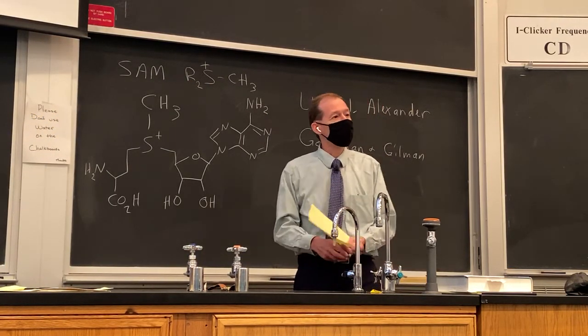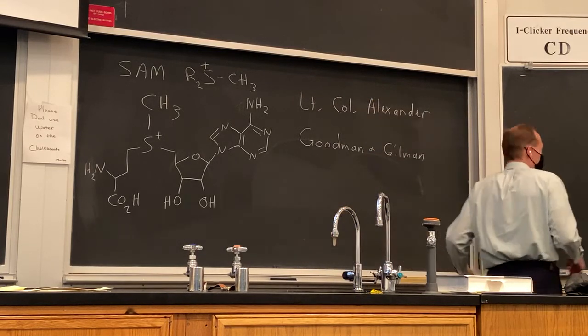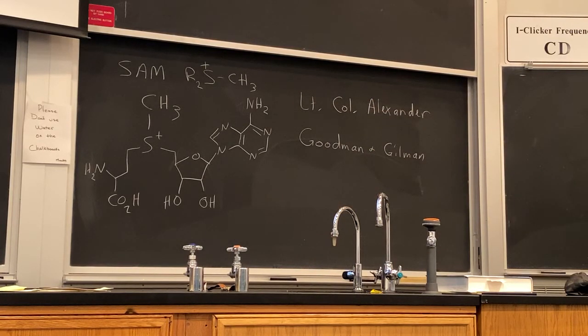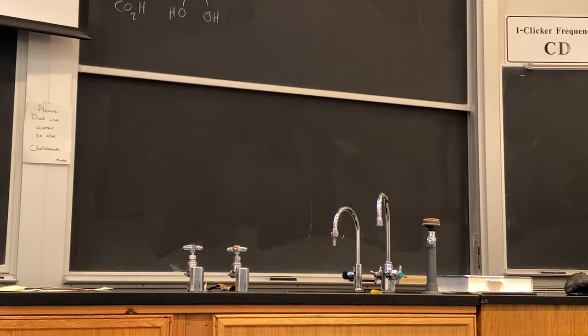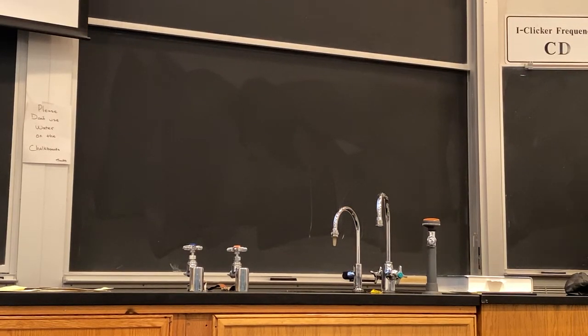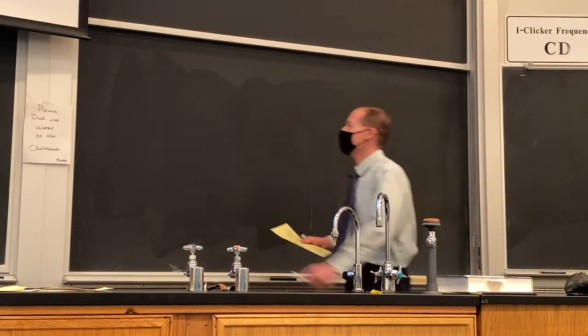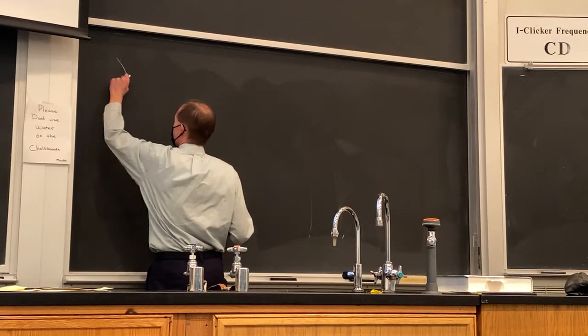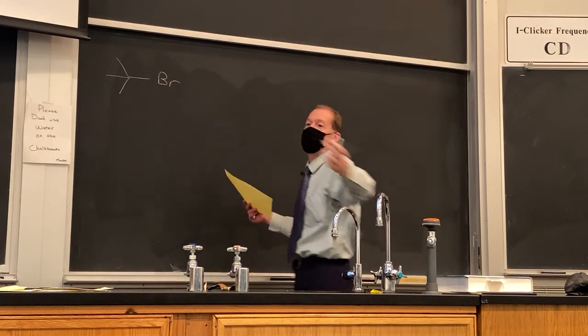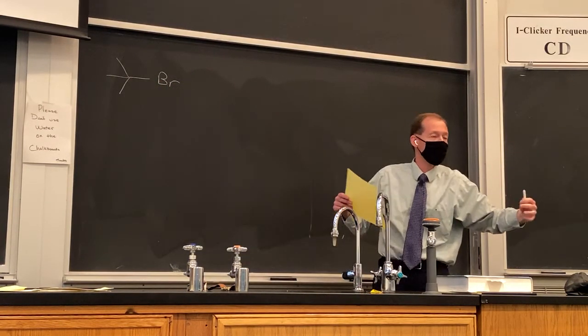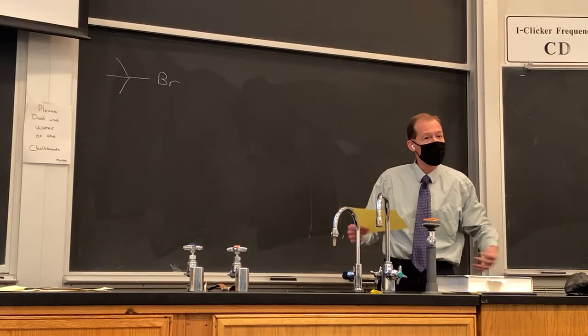All right, so let's talk about SN1 reactions now. We drew an SN1 reaction for you last week, where we took a tertiary alkyl halide, and as you'll see, we'll talk more about SN1 on Wednesday.